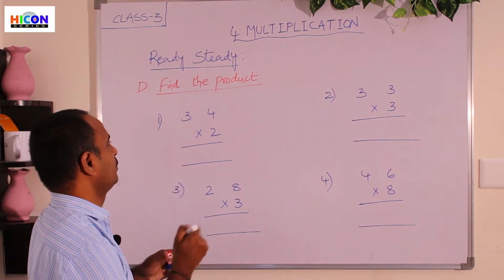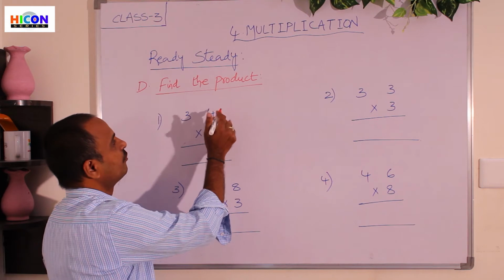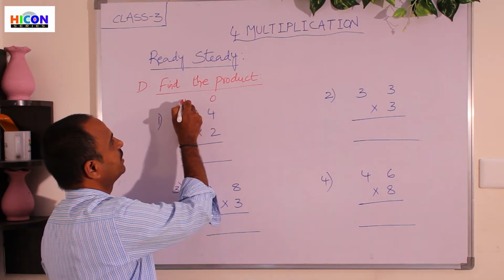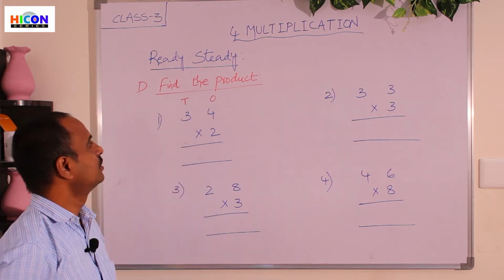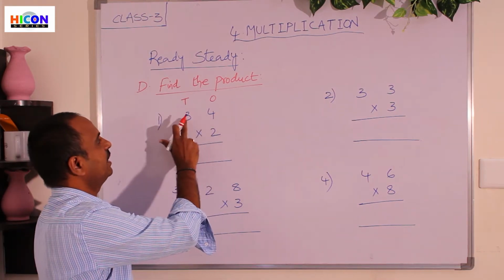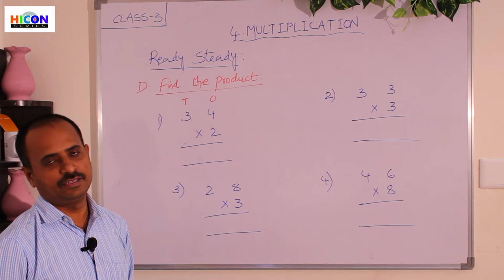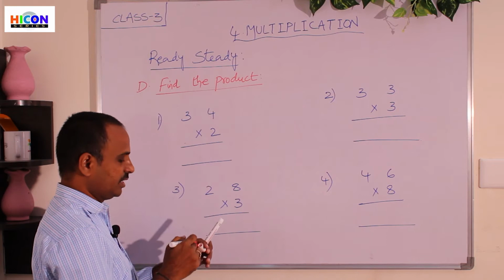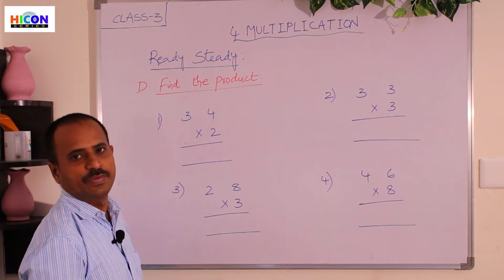This is the ones place. In 34, 4 is present in the ones place and 3 is present in the tens place. So children, remember the places. Start the multiplication with the ones place.